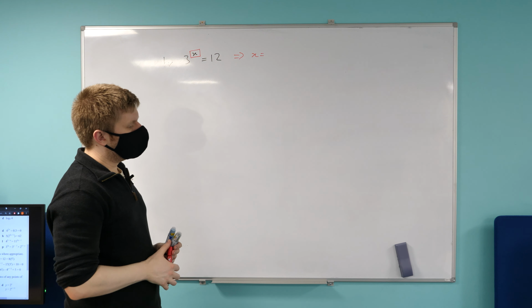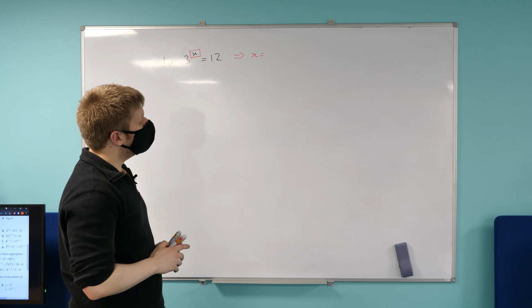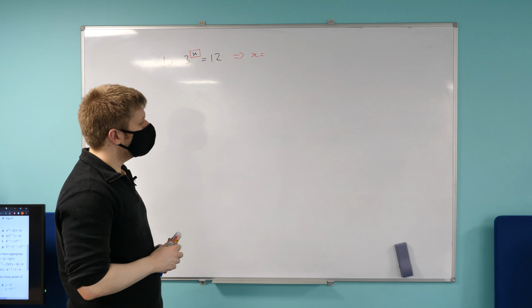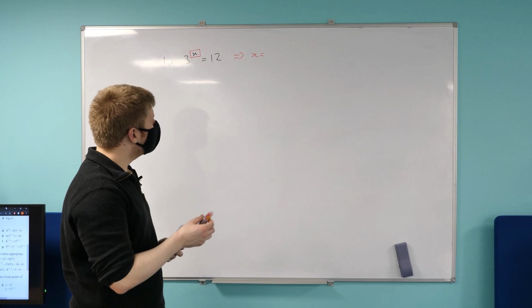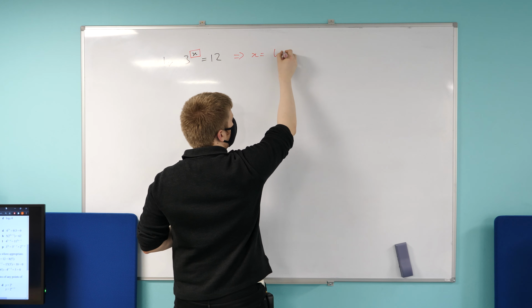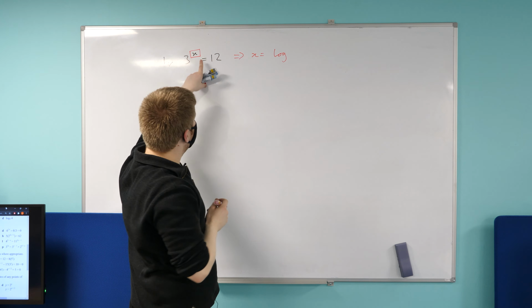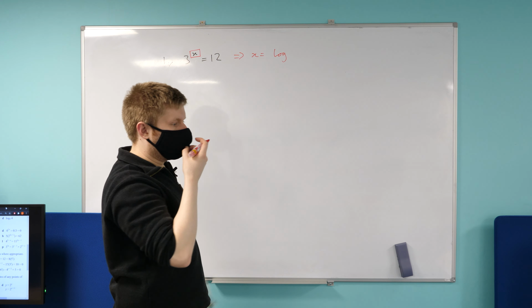We do the 12 in indices. Okay. Tell me more. So we don't use indices, do we? We use logarithms. So if you want to find a power, you use your logarithms.